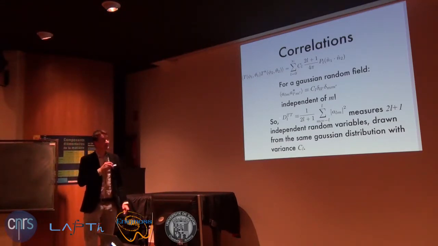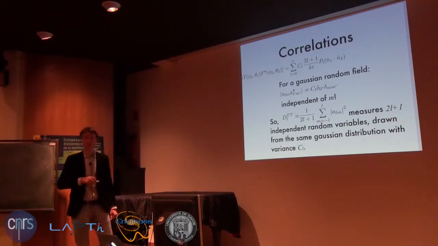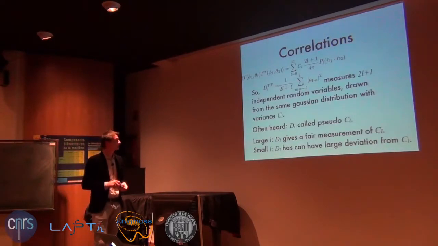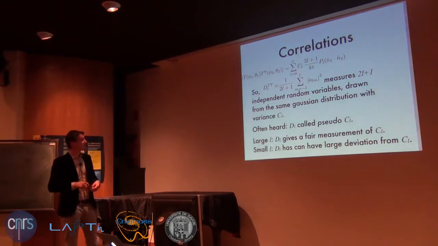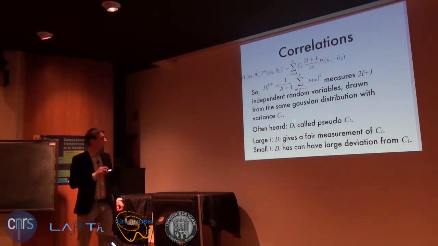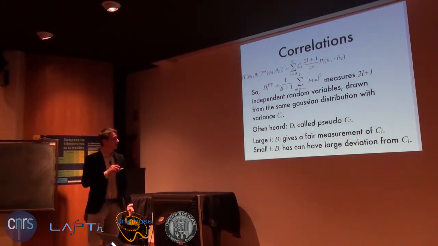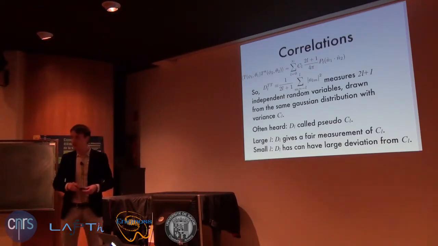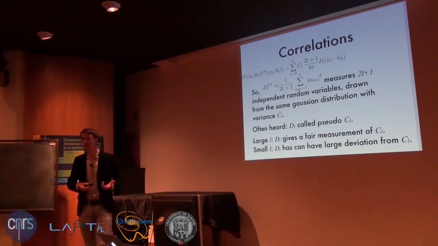So the quantity DL then is actually a sum of 2001 independent numbers that are drawn from the same distribution with variance CL. So this looks very much like this cross-correlator that I was talking about. And this is why these DLs are often called pseudo-CLs, because they do probe the original correlation function that describes how the CMB is measured.